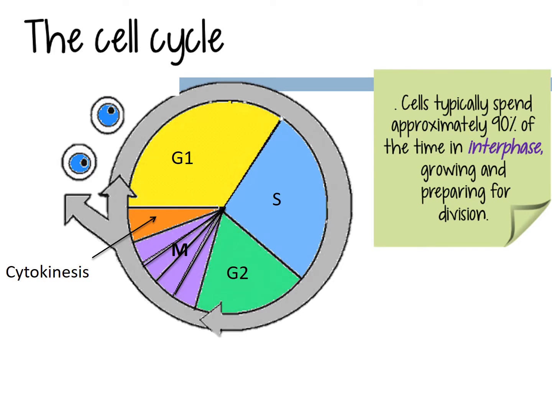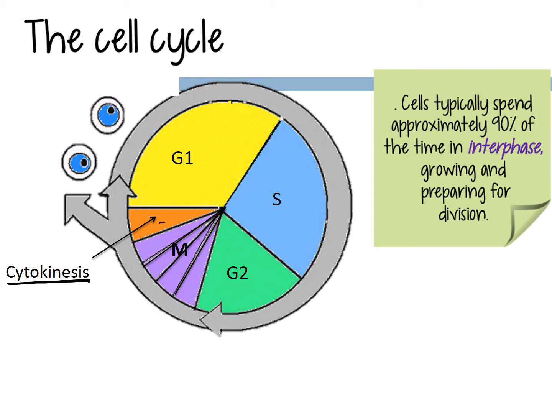Okay, so the cell cycle, typically cells are going to spend 90% of the time in interphase, growing and preparing for cell division. So what I would like for you to do is write down on your chart, you have this diagram. I want you to fill out this information. So we need to put cytokinesis on the line, because that's what this arrow is pointing to right here.